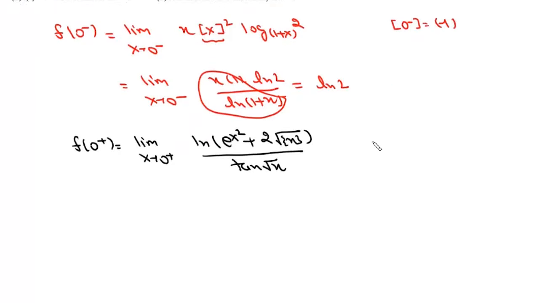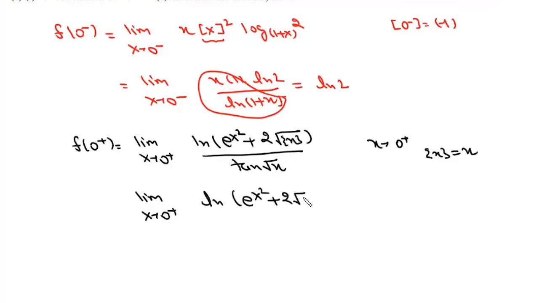Now we know that when x is 0 positive, it lies between 0 and 1, and if x lies between 0 and 1, then fractional part of x is simply x. So it will be this limit: x tends to 0 positive, log of e to the power x square plus 2 times under root x, upon tan under root x.